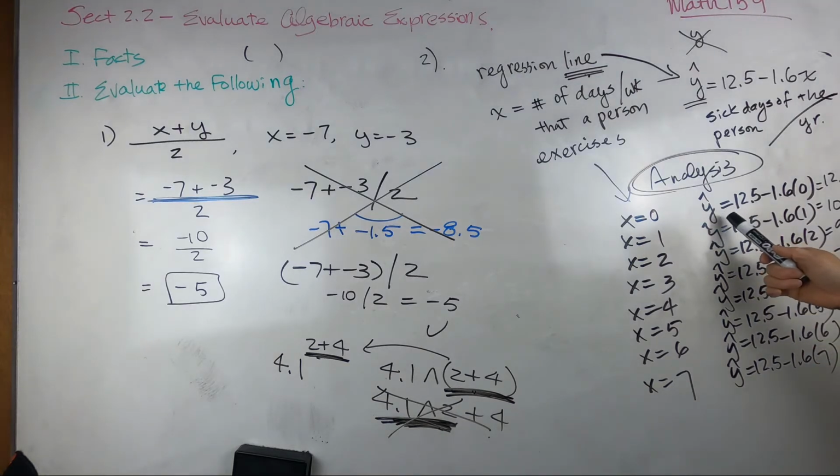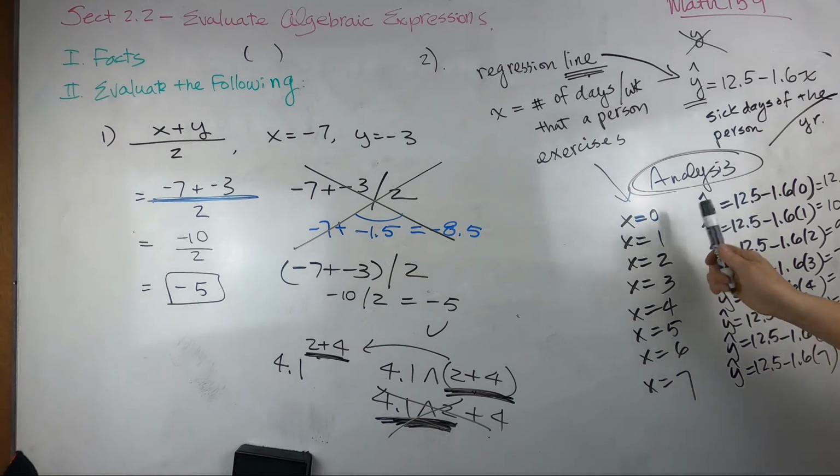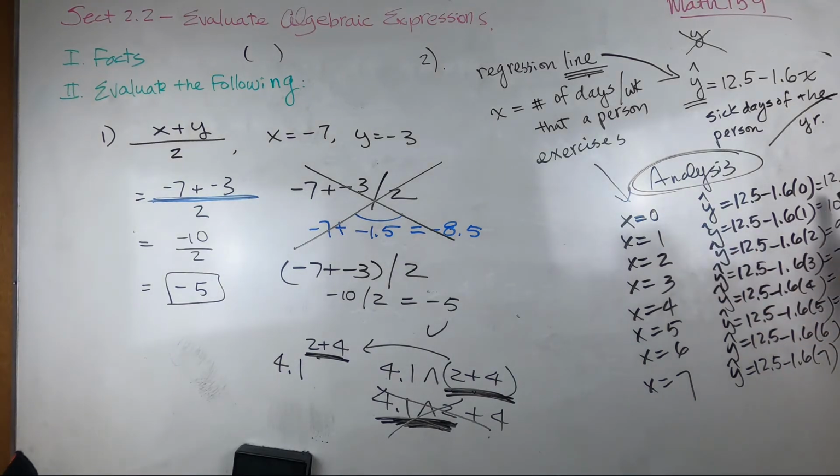So what does Y hat stand for? How many sick days the person will have per year. So if this person exercises 0 days a week, he will be sick 12 days per year.